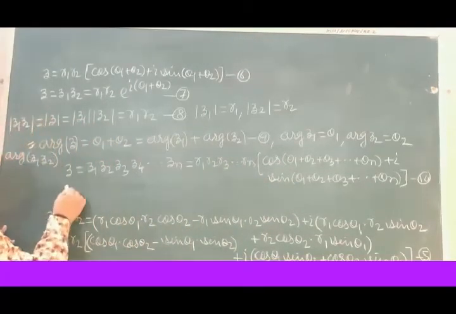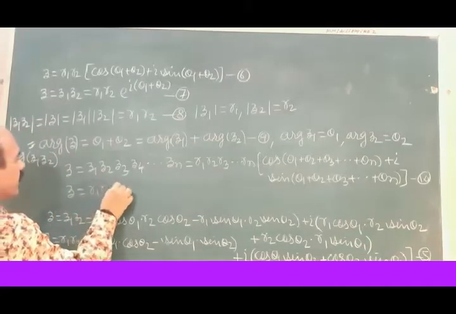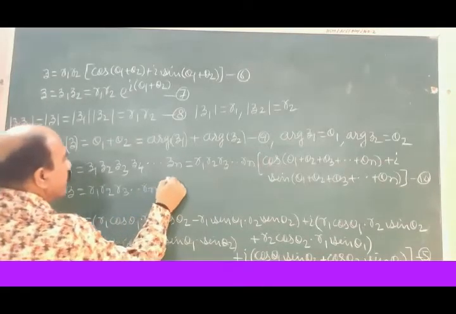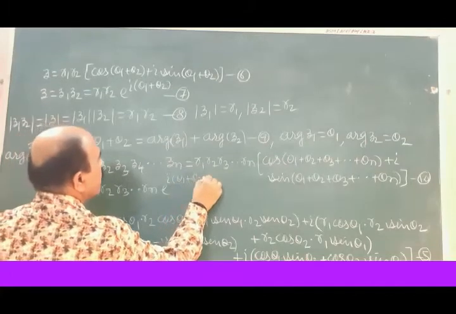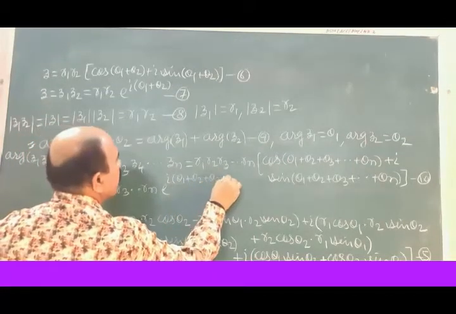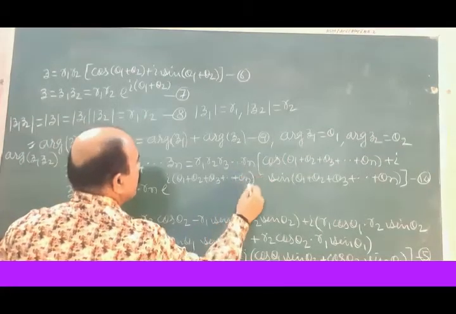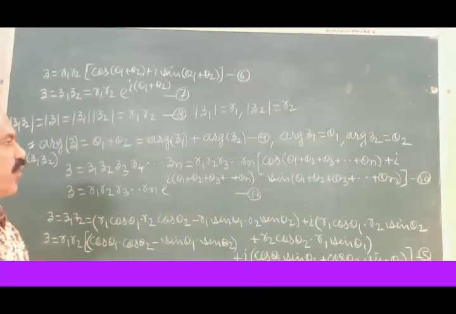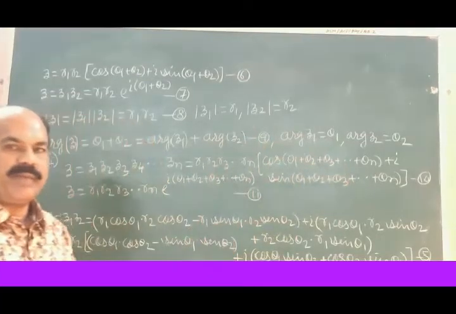In exponential form, product of n complex numbers in polar form is equation number 10.